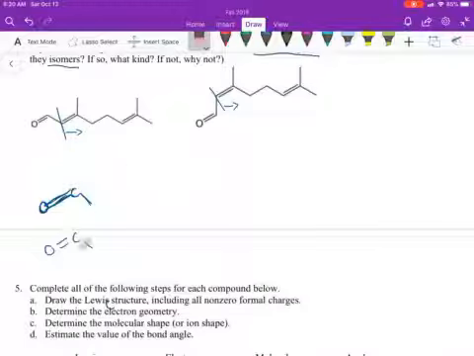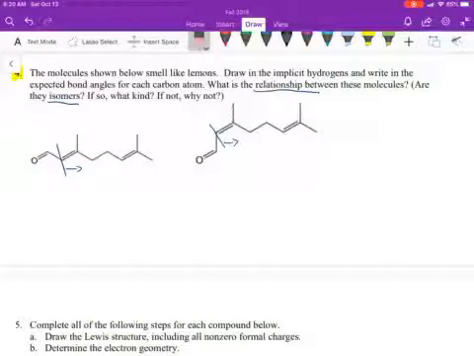So with this, because they're oriented differently due to these double bonds, these are going to be different molecules. But I want to focus on right here and right here.